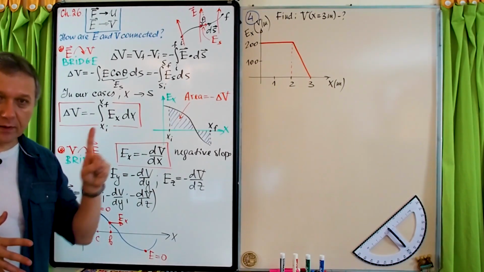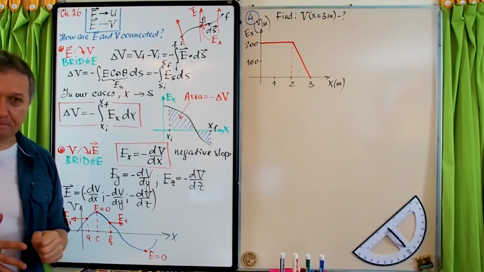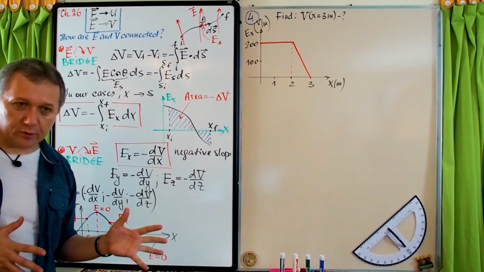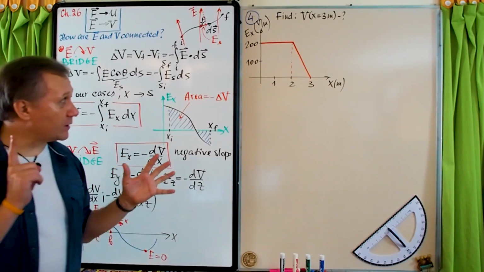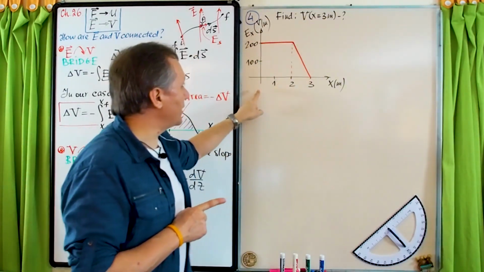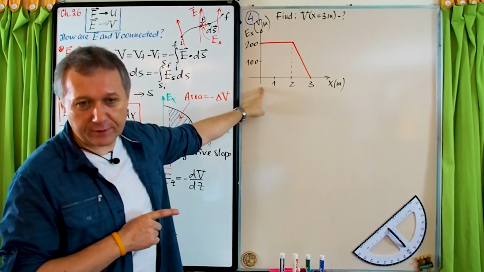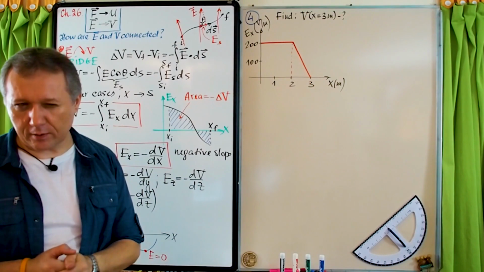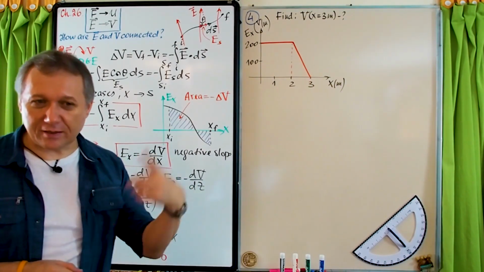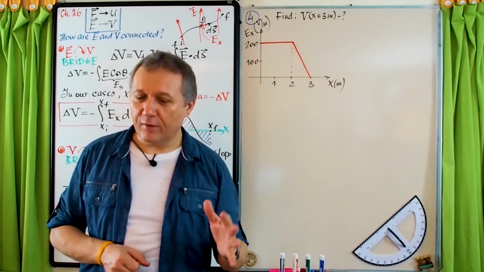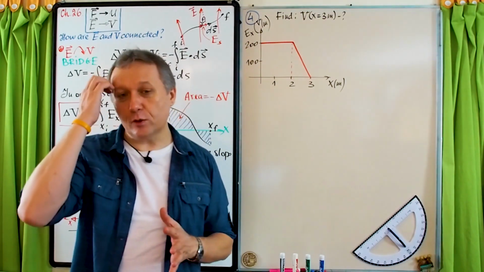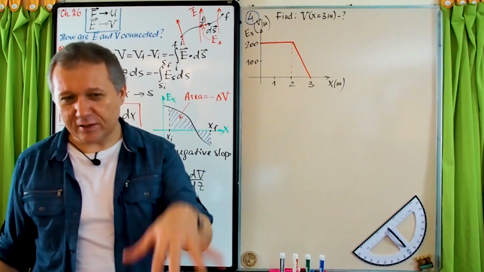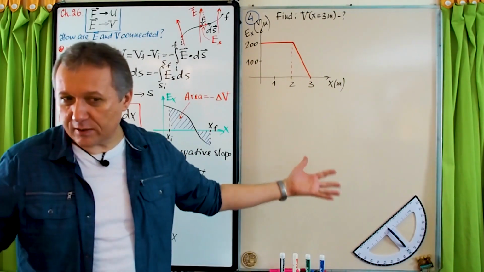So that's why there is an additional part of the problem. The problem says, let's assume that the value of the electric potential at the origin is negative 50 volts. I gave you something similar in the clicker question in the lecture yesterday, but at that point I gave you the value at the reference point: the electric potential at the 0 point was 0, but now it's negative 50 volts.